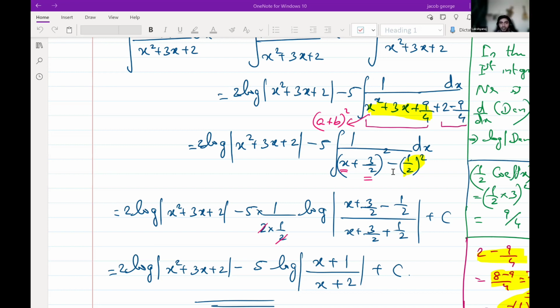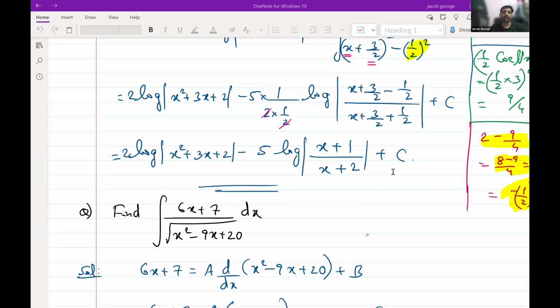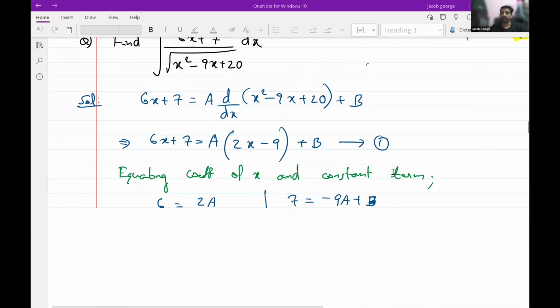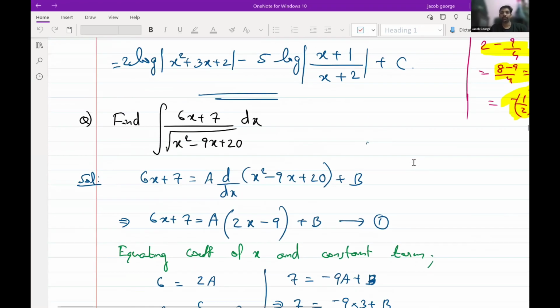Yes, sir. So that is the calculation. These are the main areas you missed, I think, so practice this very well.